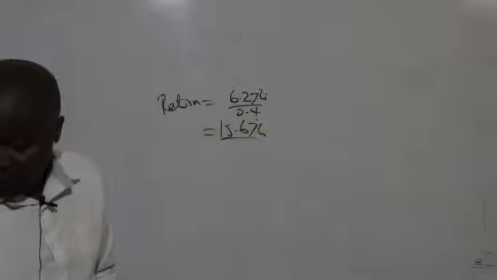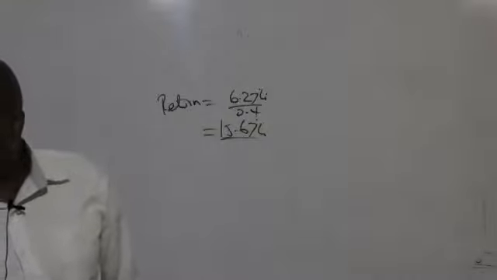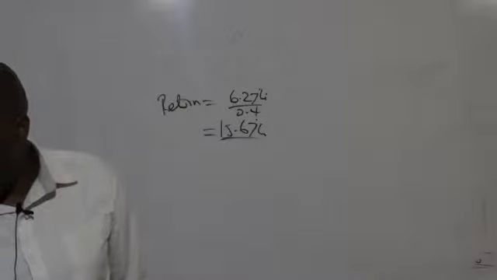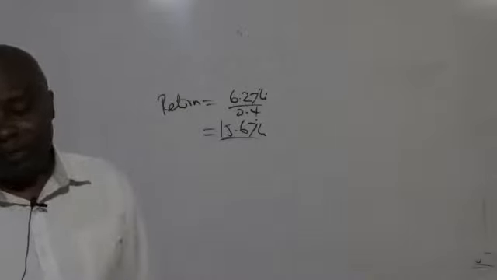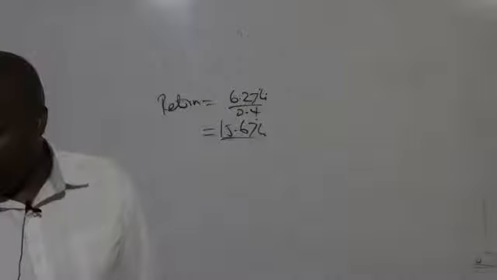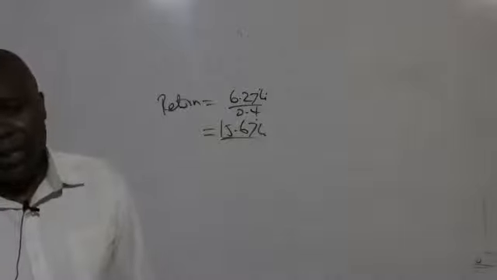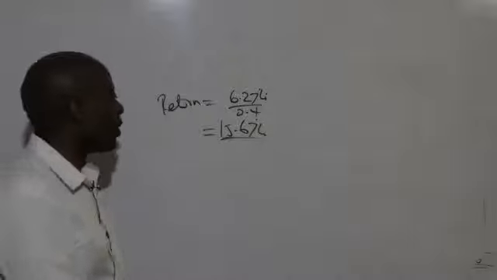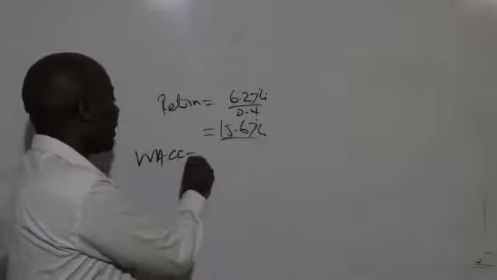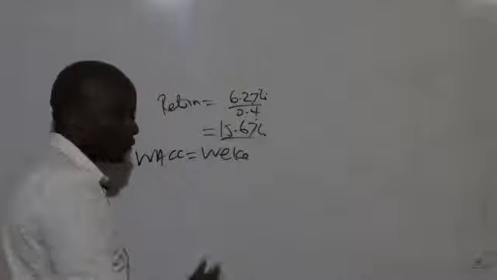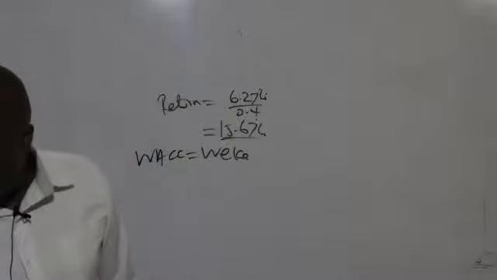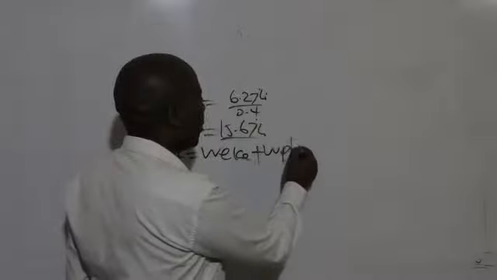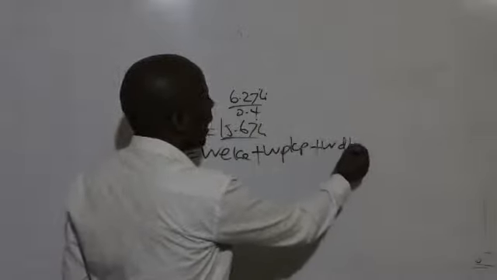Now, ladies and gentlemen, we go to the second part. How can they ask us about something this easy? Section 5 is supposed to be a serious section. We expect serious questions. How do you ask us about WACC? WACC will be weight of equity times cost of equity, plus weight of preference times cost of preference, plus weight of debt times cost of debt.